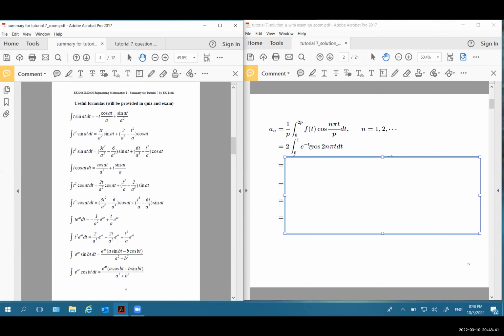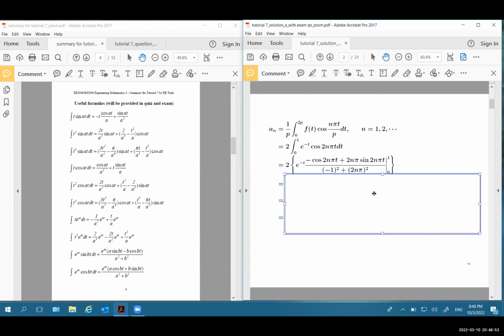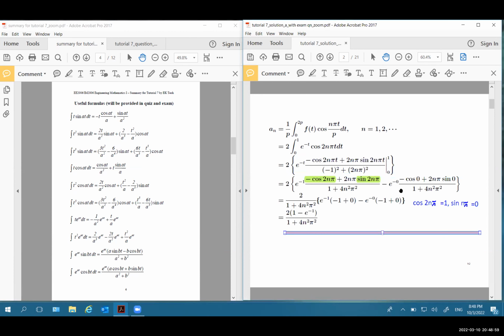This one here looks like we can use the last formula. If you use the last formula, you'll be able to get all these. Then we put in the limits and simplify, and we get to here. This one we need to go and practice, and do it ourselves.